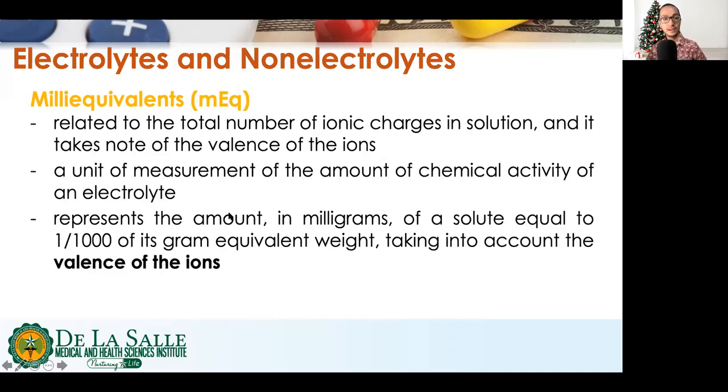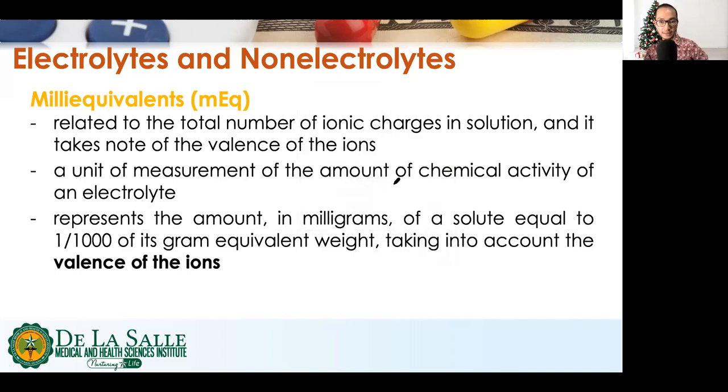Now, I will not actually discuss how to compute for the millimoles because that basically was discussed before. If you will recall our discussion of molarity and normality, I have already mentioned these terminologies.